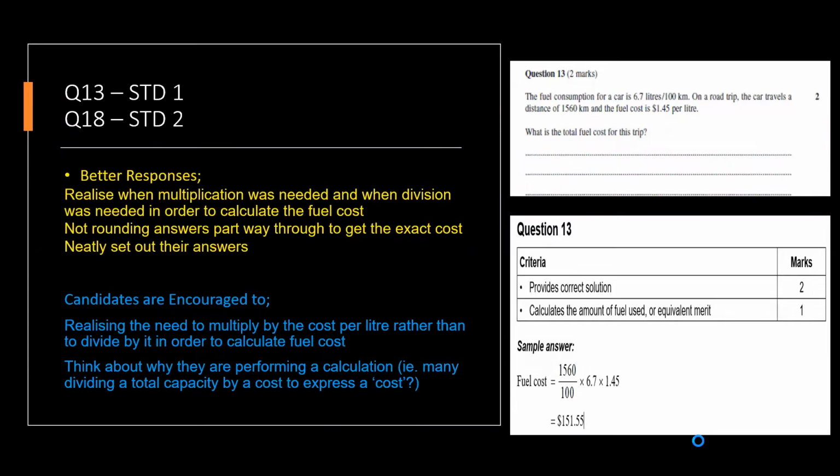For instance, some kids come up with an answer of $15.15, and it seems like there's no relationship there for a student to write that answer down when they're actually travelling 1,560 kilometres. Everyone knows at the moment, under the current climate, fuel's $1.50 plus, and that common sense analogy just doesn't add up, but students are still writing incorrect answers.